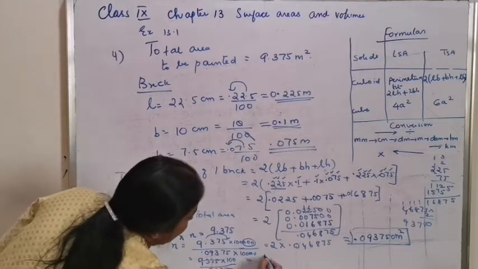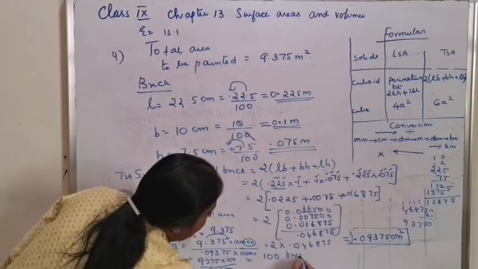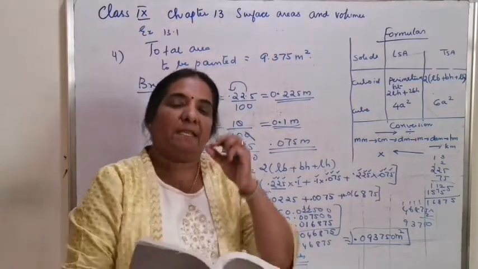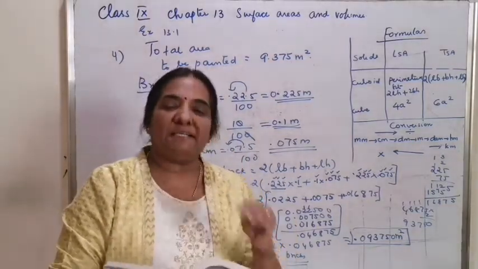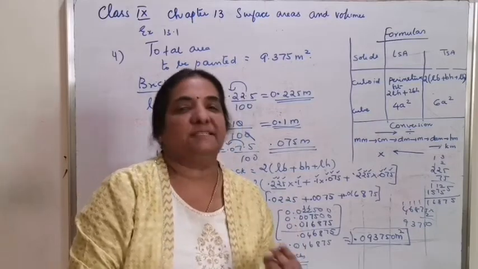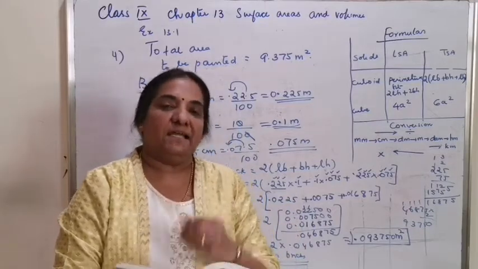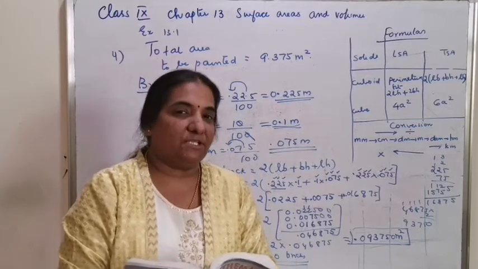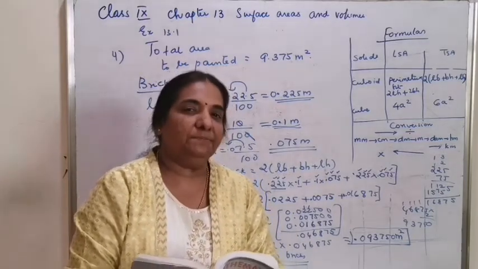It gets cancelled, and the answer is 100 bricks. That means the concept is that area of one brick multiplied by the number of bricks gives you the total area. In such questions, the numbers will be adjusted in such a way that the calculations will be simple.